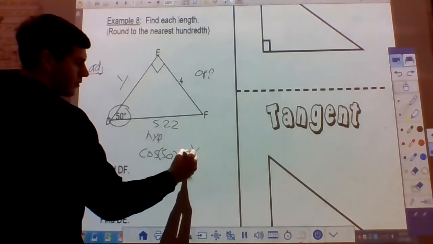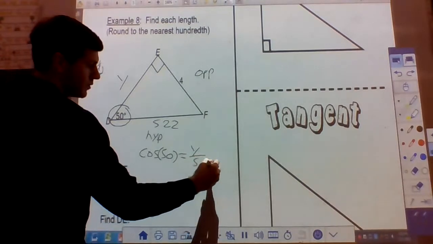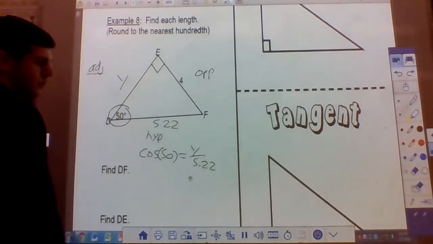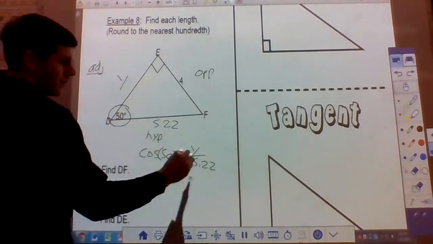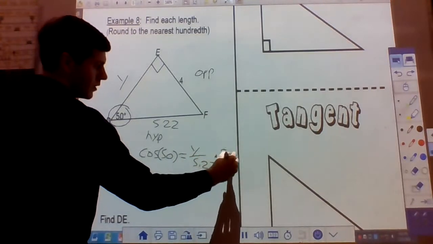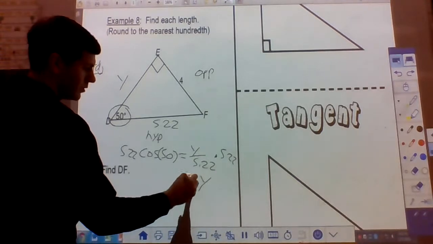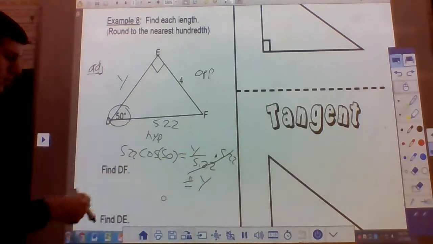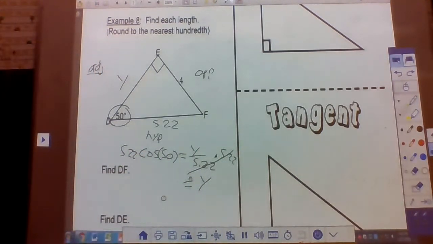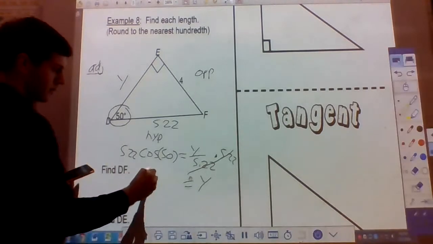So that's y over the hypotenuse, which we just found to be 5.22. We can multiply both sides by 5.22, these cancel out, and we get y equals 5.22 times cosine 50. We get 3.36.